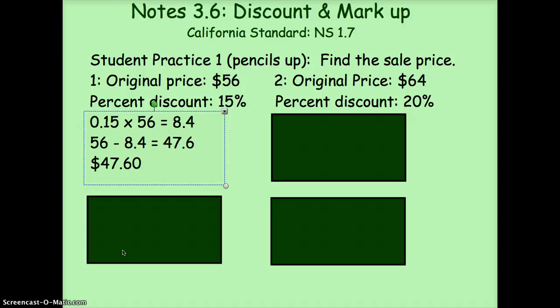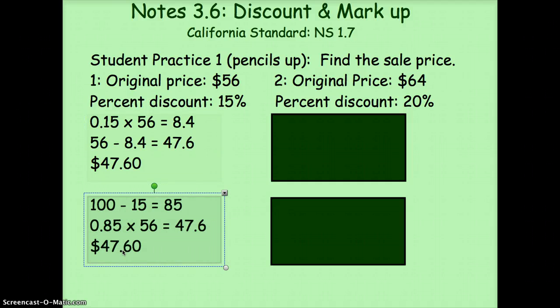Okay, let's take a look at the other way. Again, you can subtract the discount from 100%, because remember the full price is 100%. Subtract 15%, it means you're keeping the 85%. So all you have to do is multiply 85% times 56, and you end up with $47.60. So either way you look at it, you end up with the same answer.